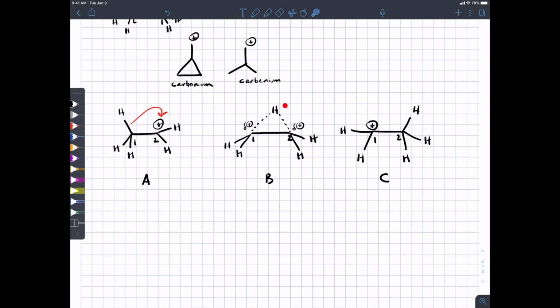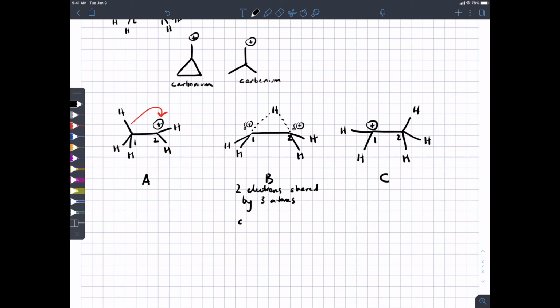Notice what B is. You have a hydrogen interacting with 2 things instead of 1 thing. You have 2 electrons being shared between 3 atoms. Your text calls this a 3-atom, 2-electron bond.